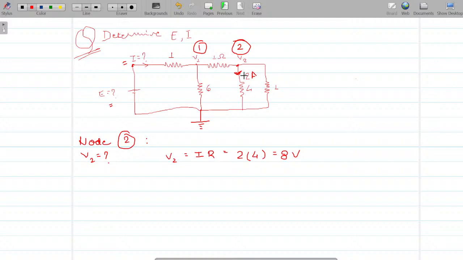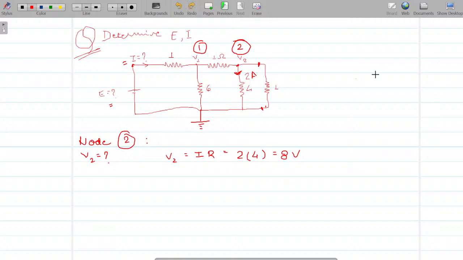If this is 8 volts, would this potential also be equal to 8, right? This potential would also be equal to 8 because this is 8, this is in parallel. So in parallel the voltages are the same. So this would also be equal to 8.